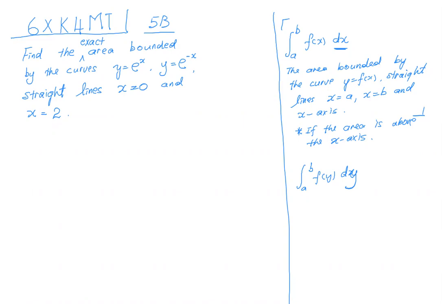So you let this be your y1, this be your y2. And your x minimum, since the limit is 0, correct? So I will put my x minimum as maybe -1, so that I can see the region clearly.